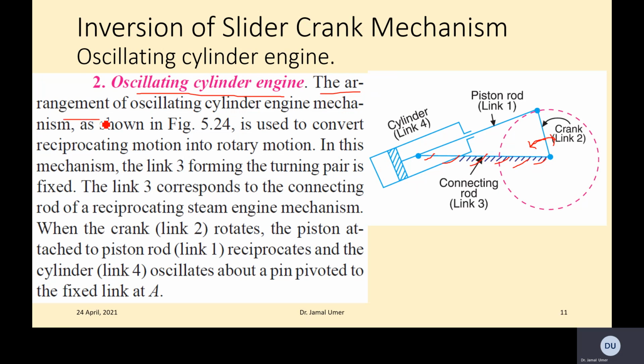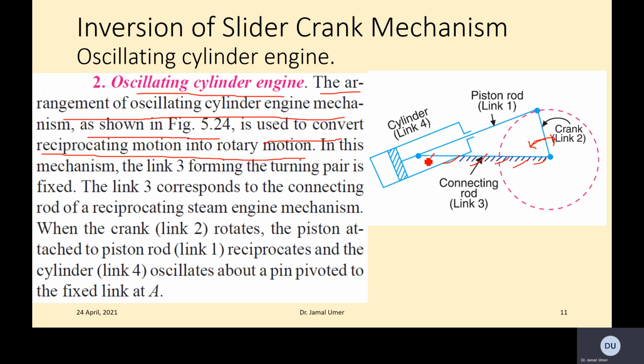The arrangement of the oscillating cylinder engine mechanism, as shown in figure 5.24, is used to convert reciprocating motion into a rotary motion. So the purpose is still the same, but this time it is an inverse: we are converting reciprocating motion into rotary motion.